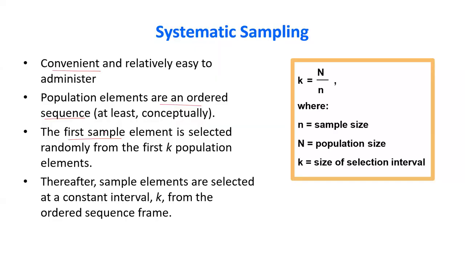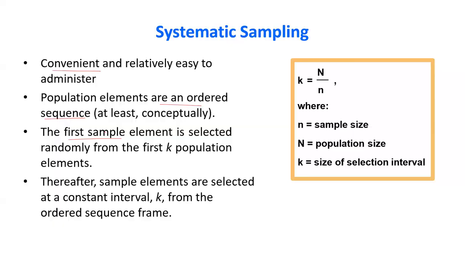Or I will take the first sample element from the first K population elements. That means I'll divide the entire data into K groups, and from each of them I'll pick one sample. So here I'm taking some systematic step.